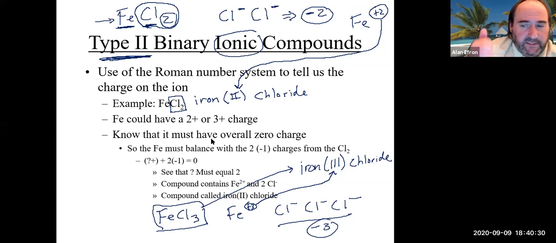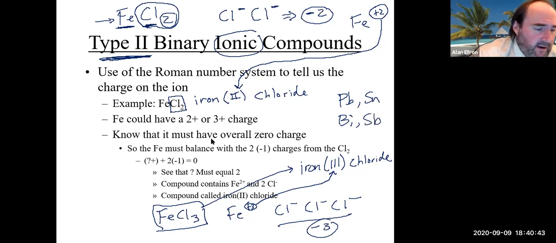So transition metals need to have Roman numerals, and including things just to the right there that I was talking about earlier, things like lead, tin, bismuth, antimony, that general region there on the periodic table will need some type of charge associated, or Roman numeral associated with it.